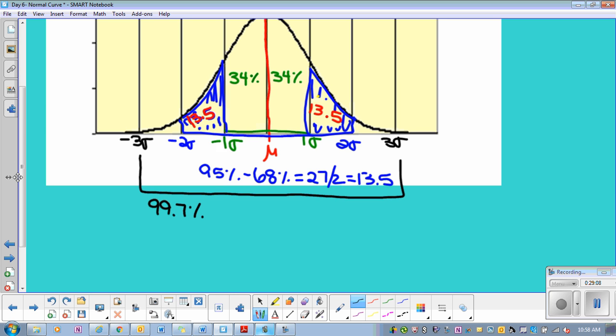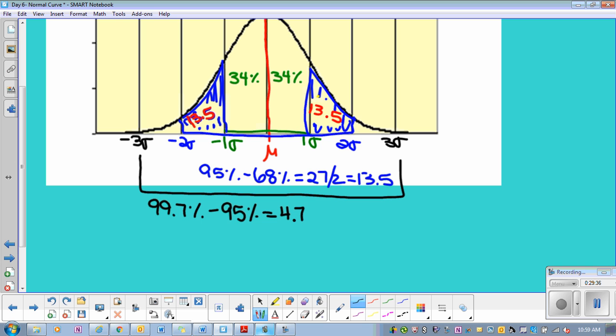2 standard deviations is what percentage? 95. So just do this minus the 95%. What do you get? 4.7. But that means that it's these 2 little bars here. I want the value for 1. So what do I have to do?